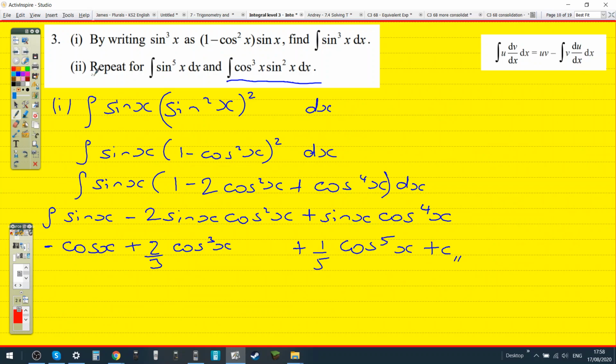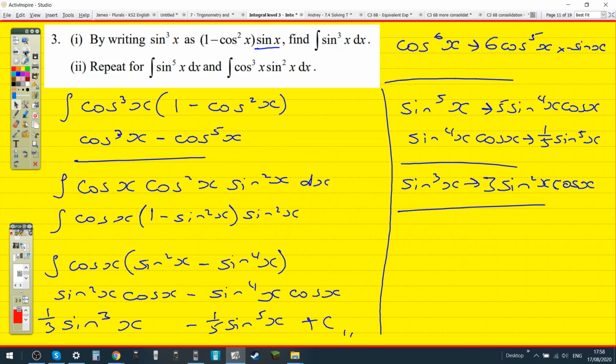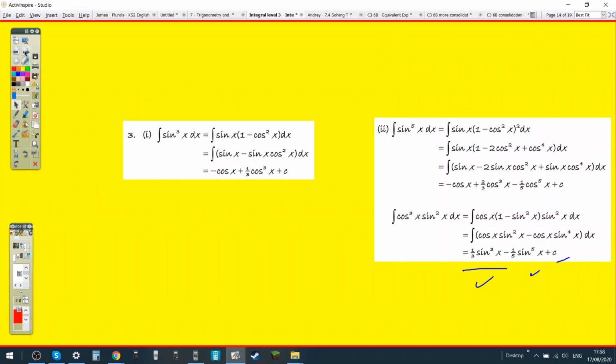Wait, this was part 1, was it? Yeah. Was this really sine? Apparently. Hang on. Just check the answer. 3.1. No. That was the answer for part 2 or something.